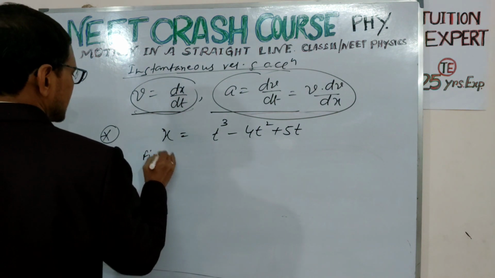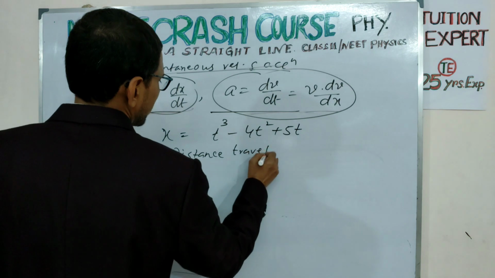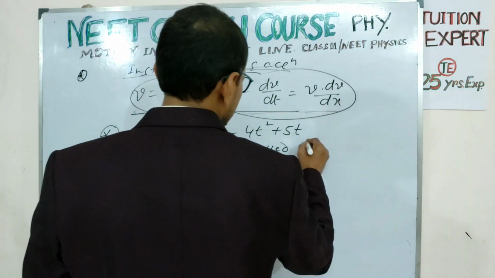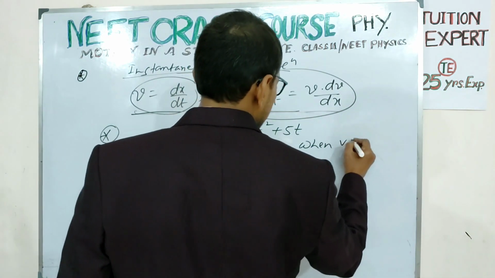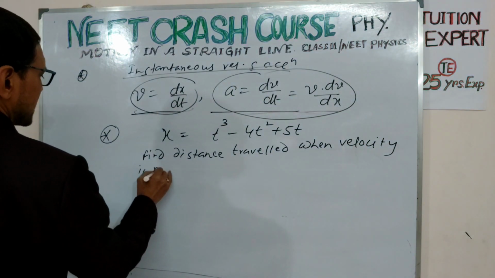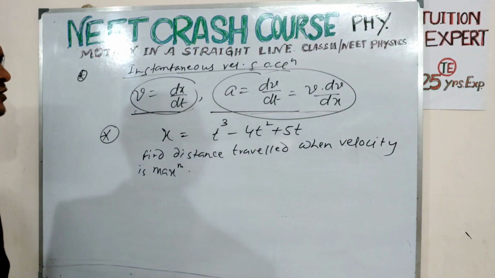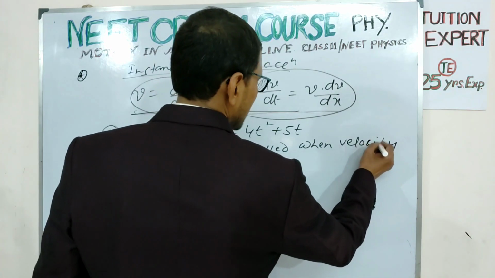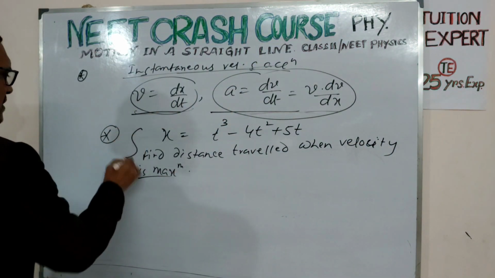Find distance traveled when velocity is maximum. This is the question. Find distance traveled when velocity is maximum.